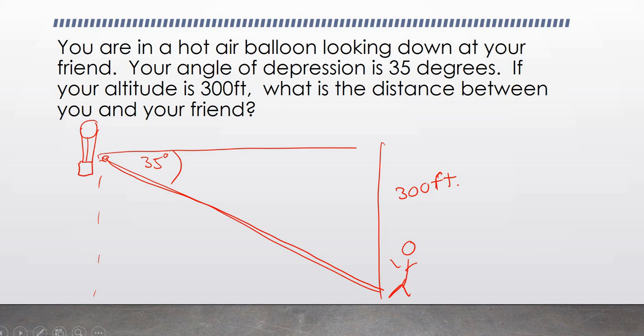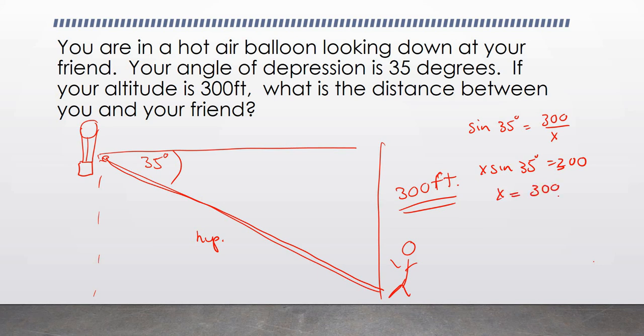So there's our angle. We know the opposite side, and we need the hypotenuse. So the trigonometric function that has to do with opposite and hypotenuse is sine. The sine of 35 degrees equals 300 over my unknown. Multiply both sides by x and then divide by the sine of 35.